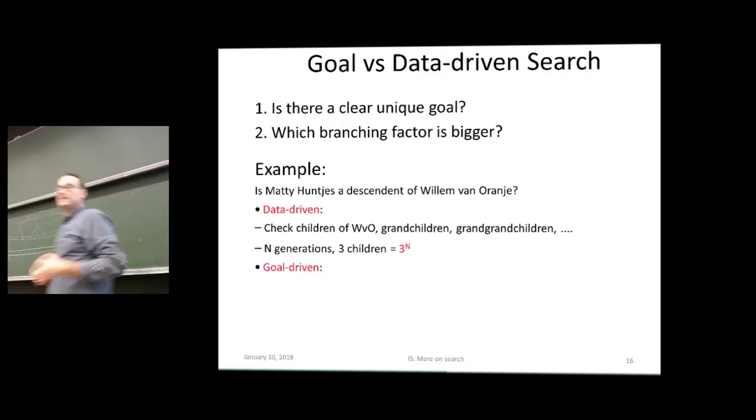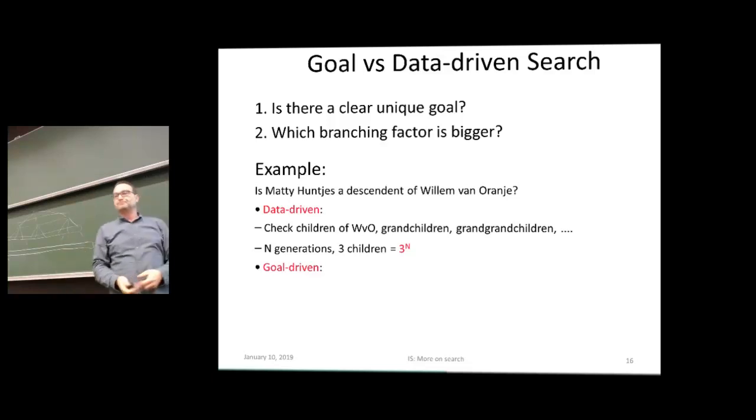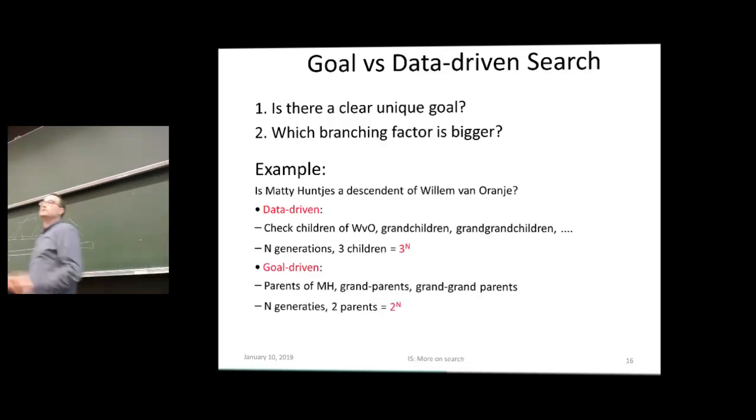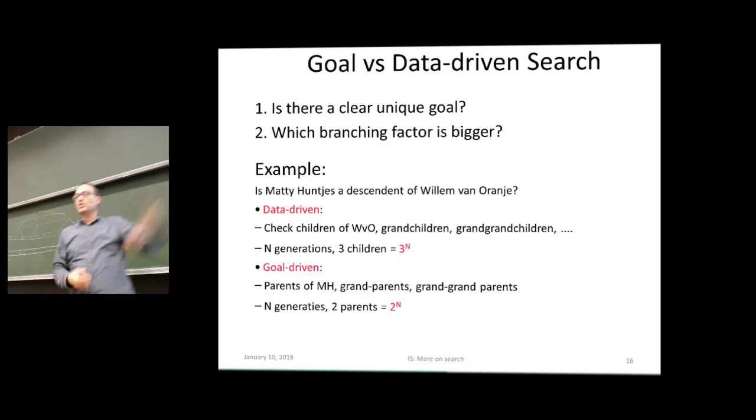So in the example, we have a 3 children average scenario. So over n generations with 3 children, you would have a search tree of 3 to the power of n. And if you do it goal-driven, so going from Matti Huntjes with his 2 parents, grandparents, and so forth, you would have a search tree of 2 to the power of n.